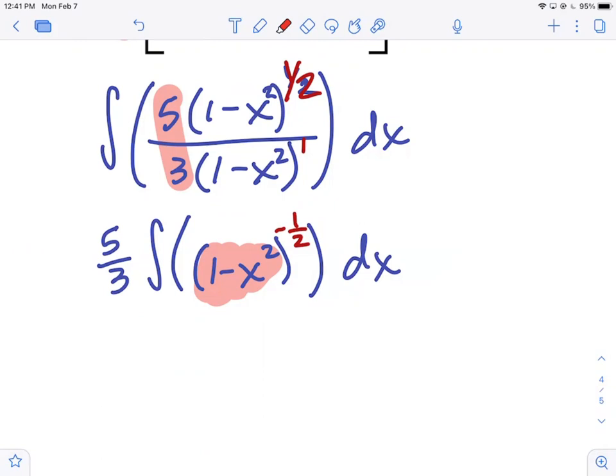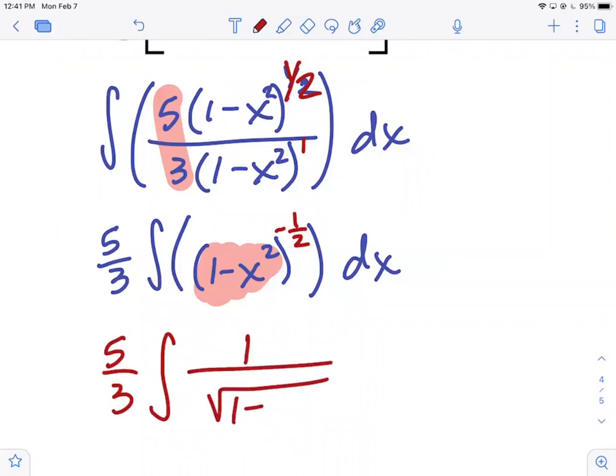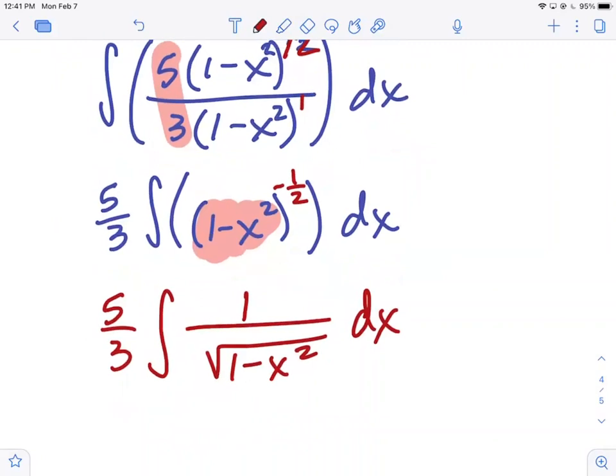You ask yourself, is there another way to write that quantity to the -1/2 power? Yeah, it's the same as 1 over the square root of 1 minus x squared. And now you're like, hola, senor. Mason, take it away. Oh, okay, okay. I thought you knew. We're staring at 1 over the square root of 1 minus x squared now.